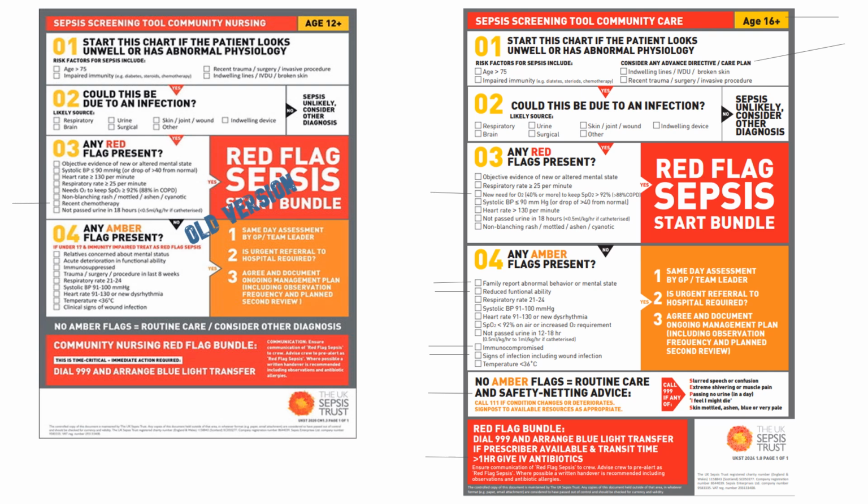If we come down to the amber flags, so section 4 on the tool, there's a few changes here. It's both in wording and in content as well. Where it used to say, are the relatives concerned about mental status, that's been reworded into plain English, I think: family report abnormal behaviour or mental state. Now, that's really interesting, isn't it?